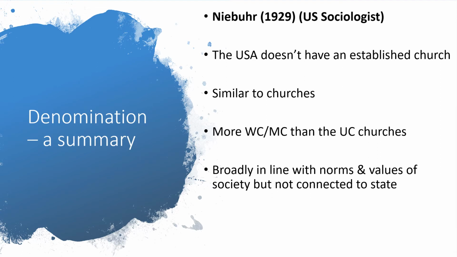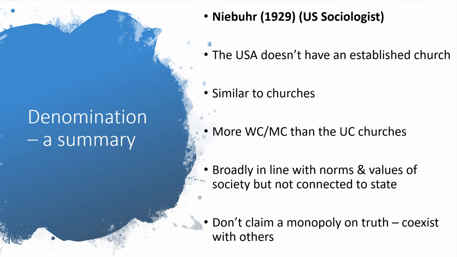Denominations have views that are broadly in line with the norms and values of society, but they generally lack an official connection to the state. So they are world accommodating, to a certain extent world affirming, but they generally have values that are in line with society. They're not challenging the status quo, but they are generally not connected to the state.